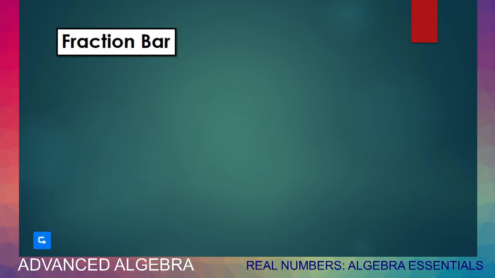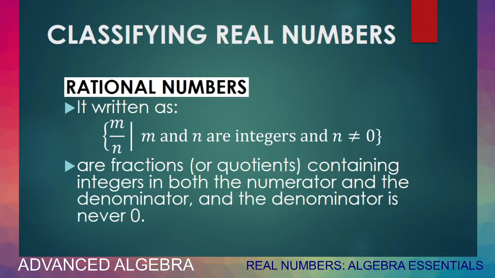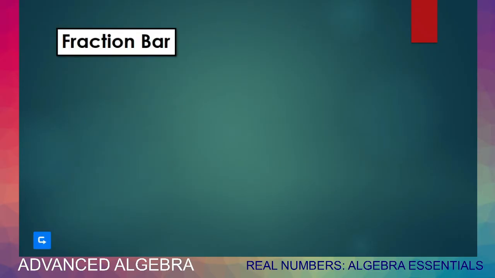Okay? Gumamit tayo ng tinatawag na fraction bar. Alin ba yung fraction bar dyan? Yung naghihiwalay sa ating numerator and denominator, yung horizontal line. Sa m over n, yung over, siya yung tinatawag na fraction bar. So, ano ba yung fraction bar?